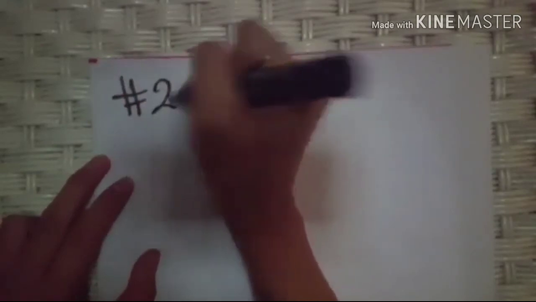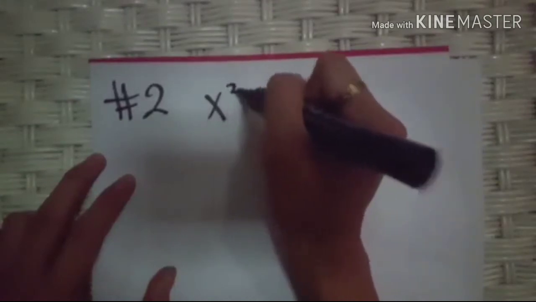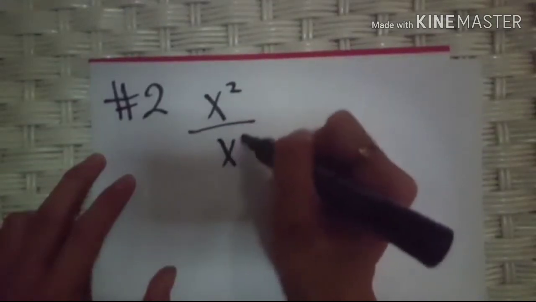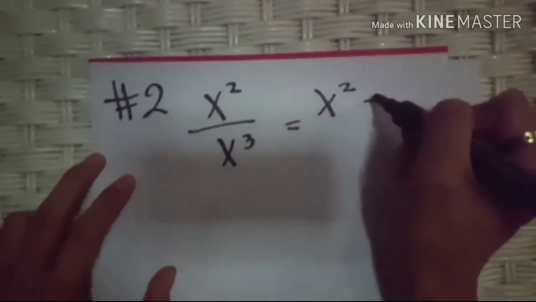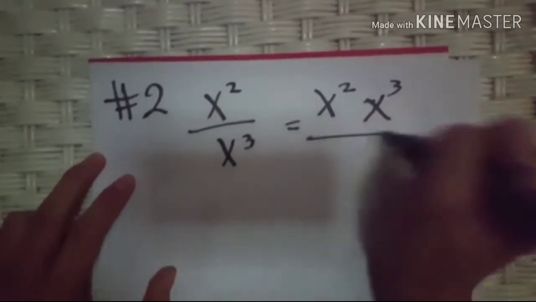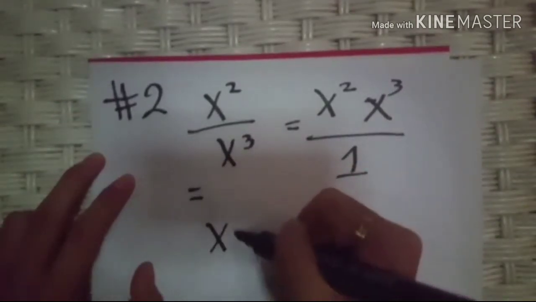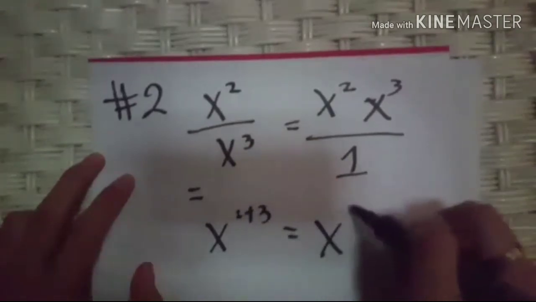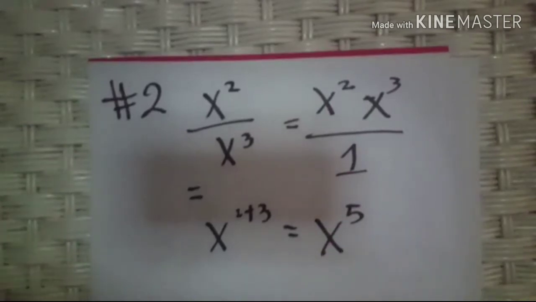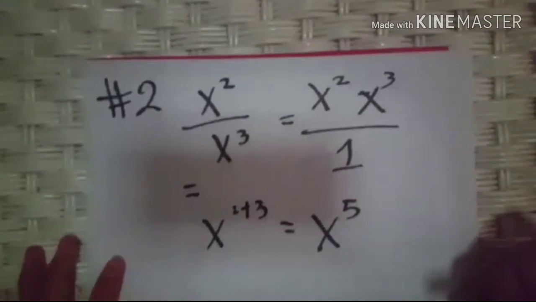Example number 2. Only one of the items or terms has a negative exponent.